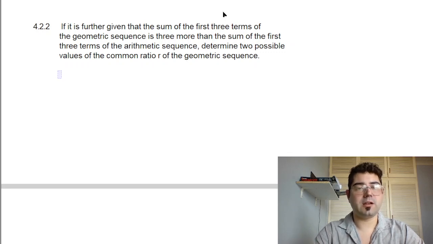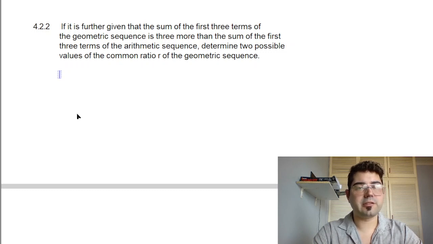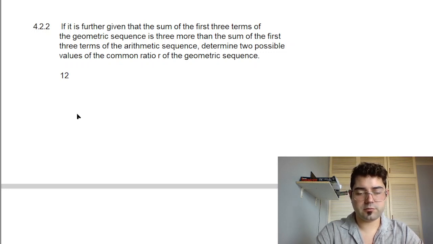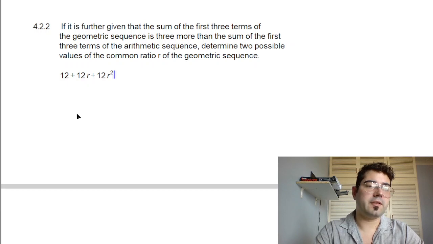And then we are going to make that equal to the first 3 terms of the arithmetic sequence. So for the geometric series, the first 3 terms are 12, 12 times r and 12r squared. And they said that that geometric series is 3 more than the arithmetic series.